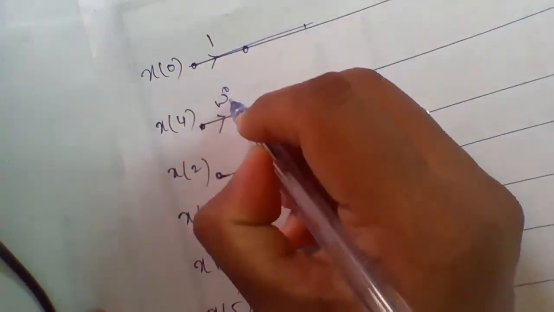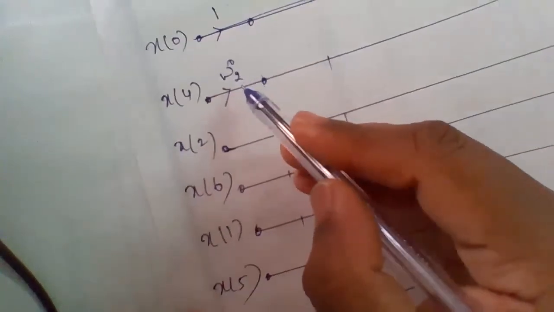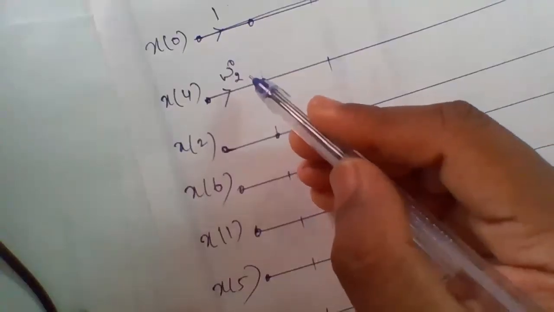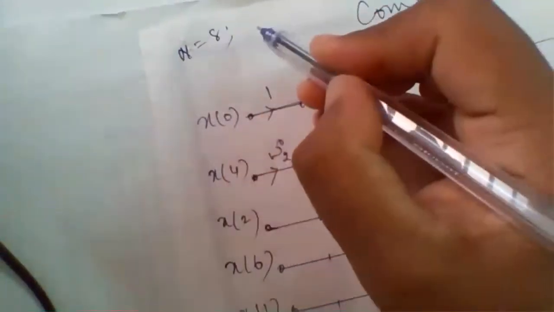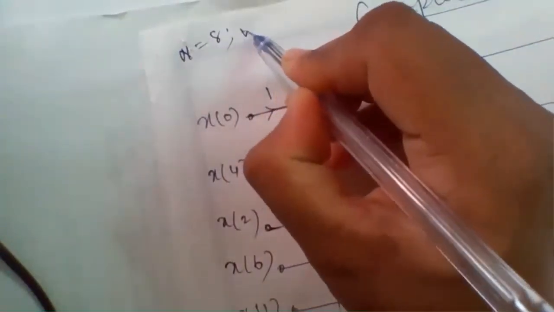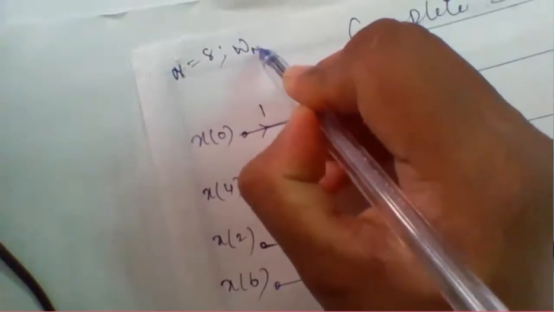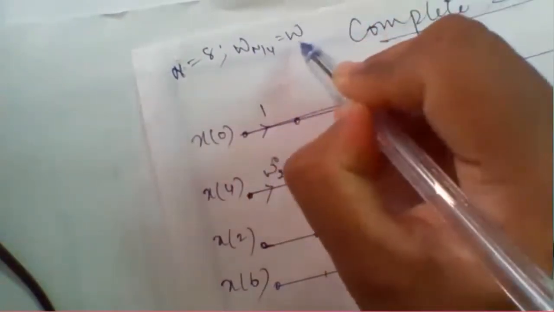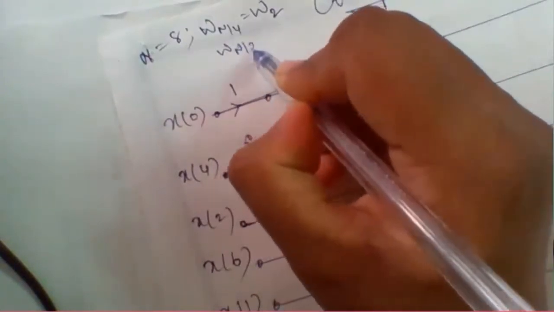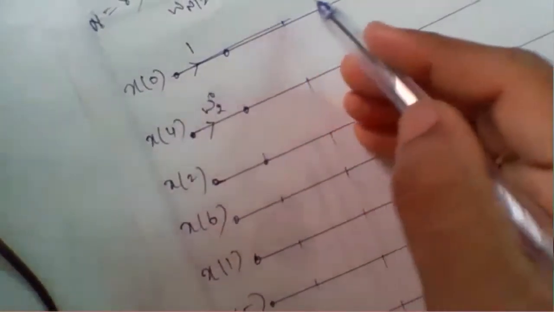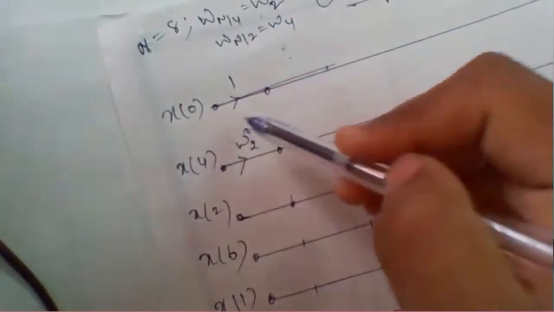The suffix will be 2. I am directly writing 2 only because it is N by 4 actually. So one thing you remember, N is equal to 8. Wherever we have w raised to N by 4, it can be directly written as w2, and wherever we have N by 2, you can write it as w with the suffix 4. So now on the signal flow graph I am just writing the numbers only.